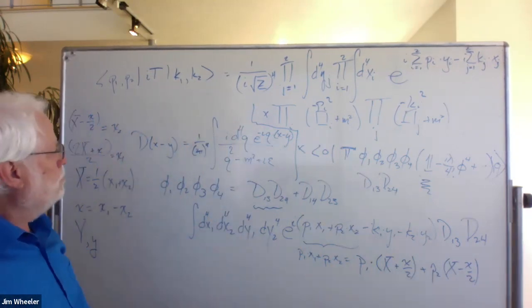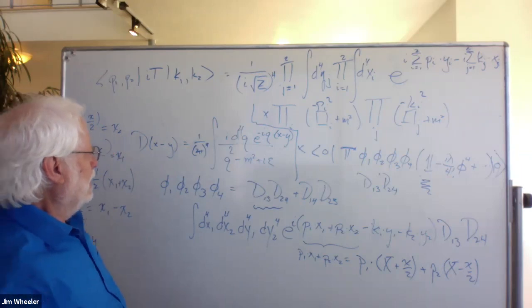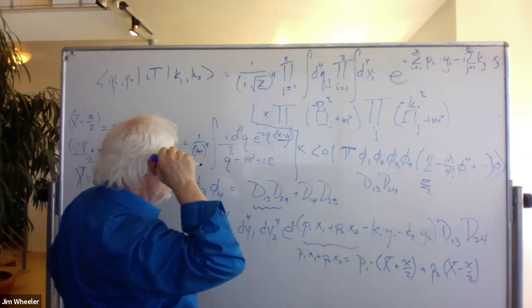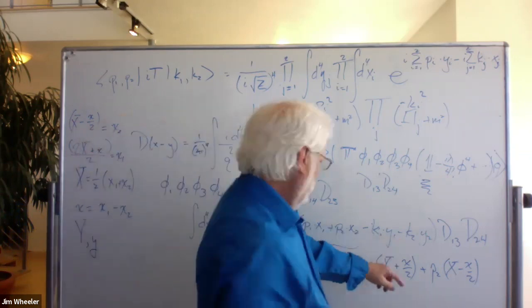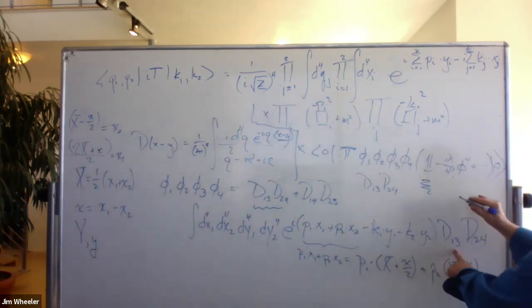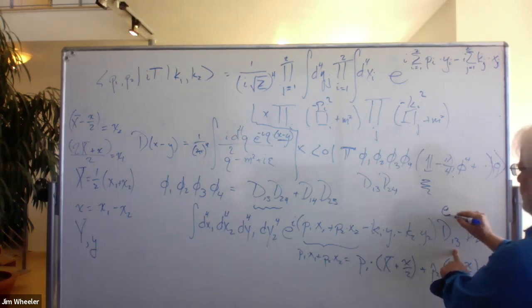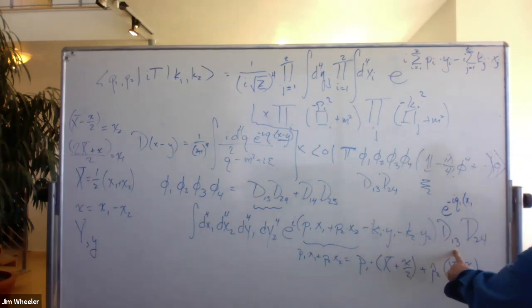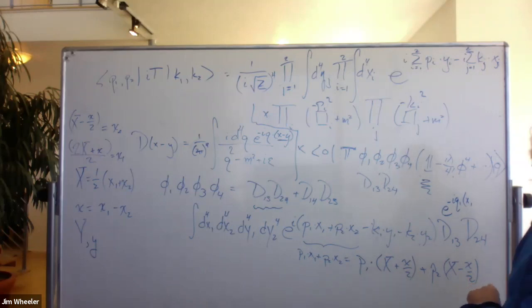And now we want to do a similar substitution here. The exponential in D13 is going to be e to the minus i, let me call it Q1, X, what did I call 2 and 3, 3 and 4? Were 3 and 4 incoming or outgoing?